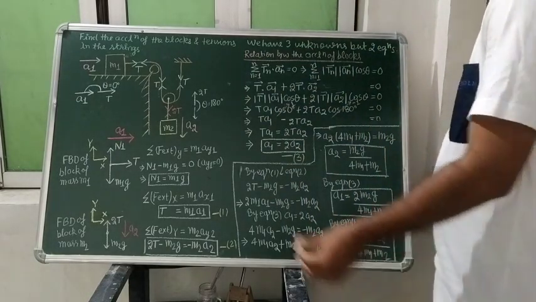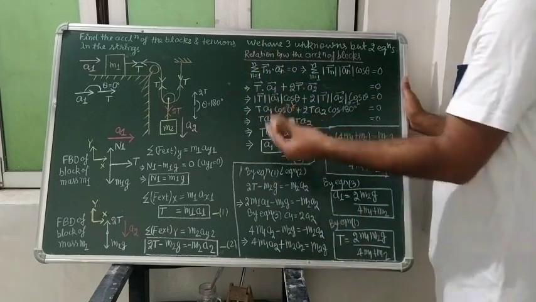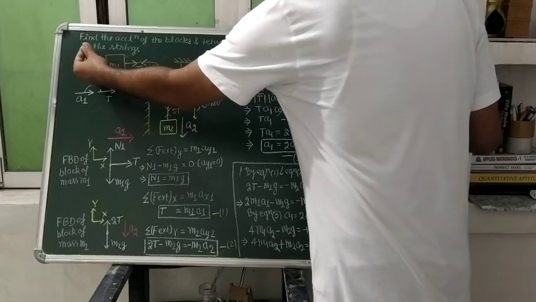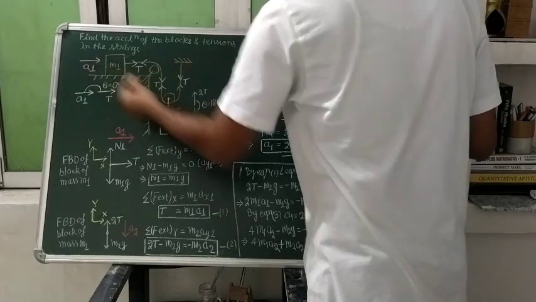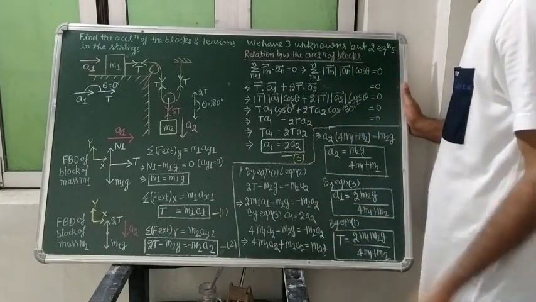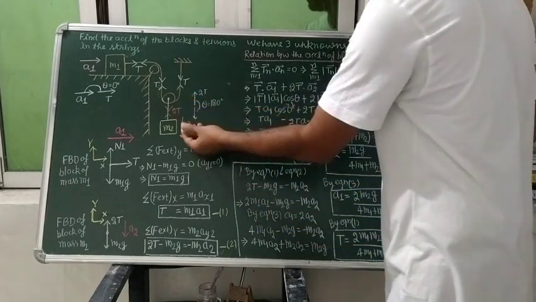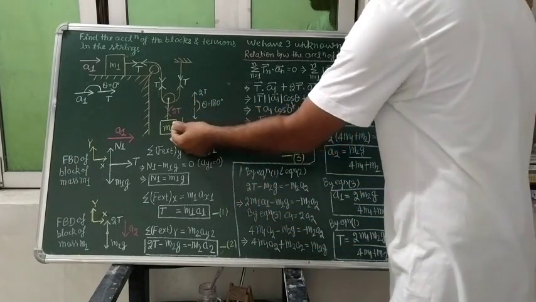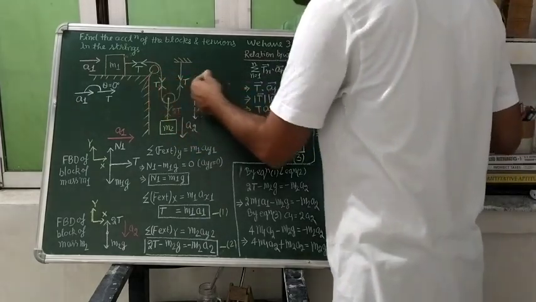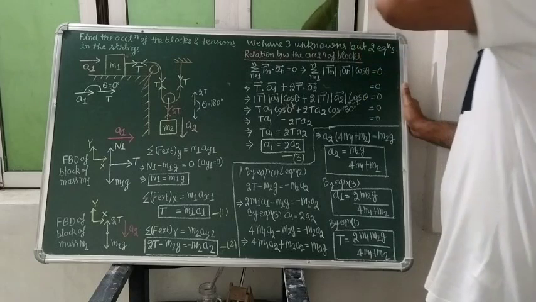After coming to know the tensions, we will assume our accelerations. We had assumed a1 and a2 in the clockwise direction, and of course if you select the tension T here, starting from here for mass m2 and saying T is acting here, then here it will become T by 2 and T by 2. Here also it will become T by 2.